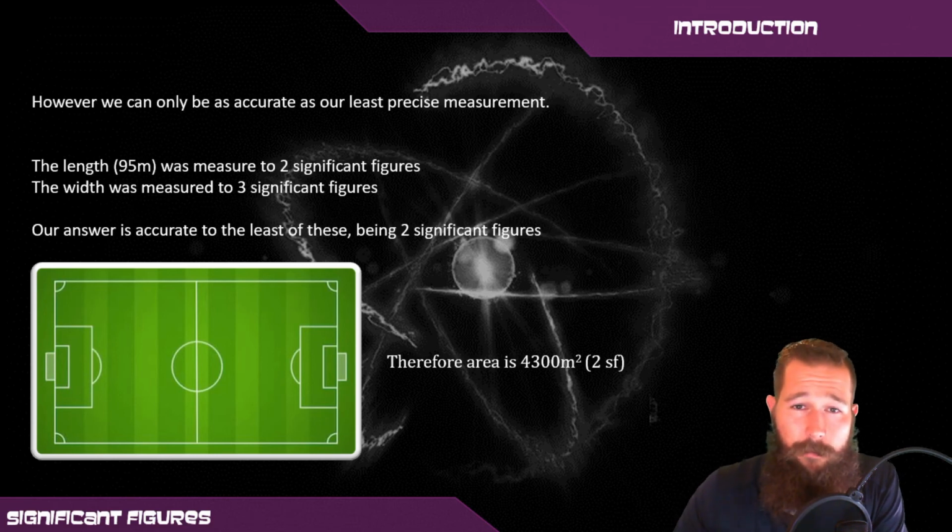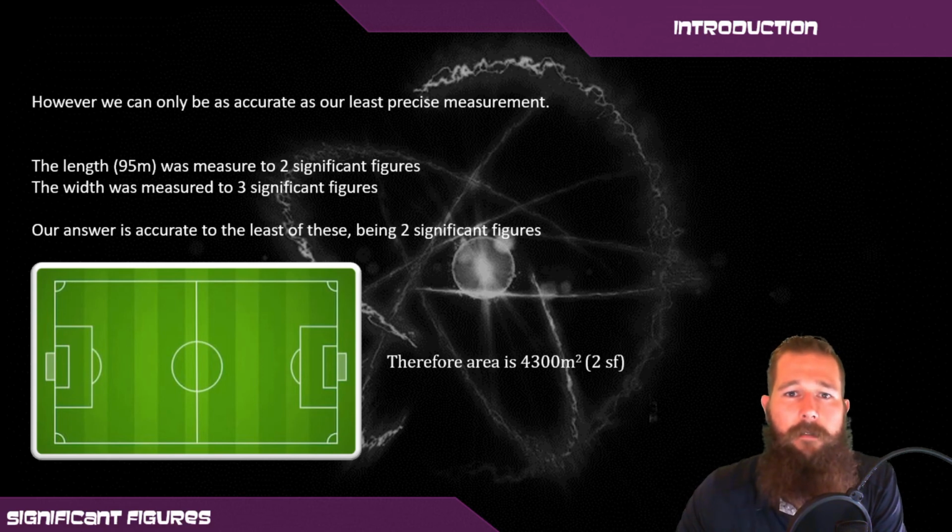Now, since the length was measured to 2 significant figures and the width to 3 significant figures, our answer has to be presented to the least precise measurement, being 2 significant figures. So we have to round our 4,275 to 4,300 meters squared, and we put the 2 significant figures in brackets to indicate the precision.